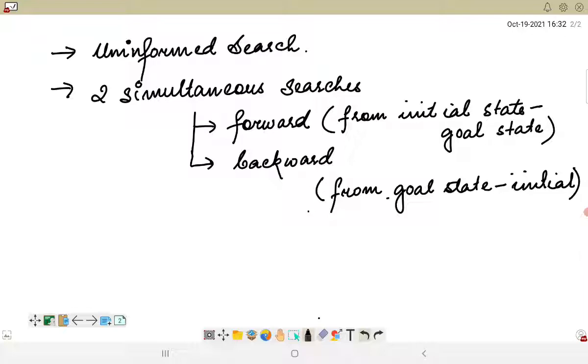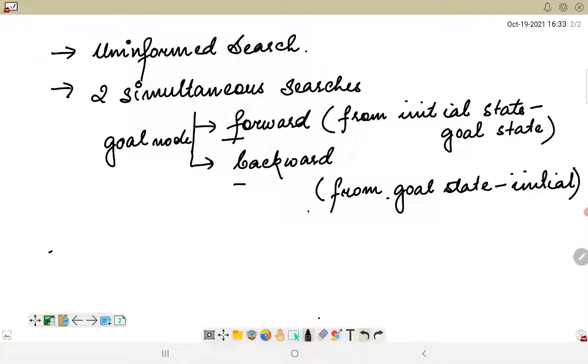Bidirectional search runs two simultaneous searches, which we already discussed: the forward search and the backward search. Both of these searches are done so that it achieves the goal node with the minimum time complexity, or with the minimum amount of time involved.